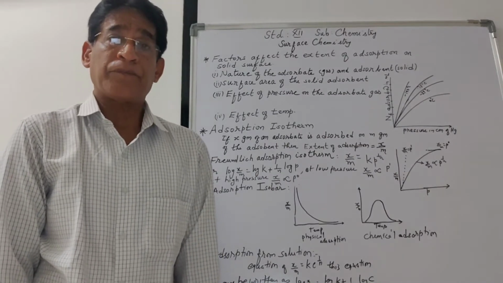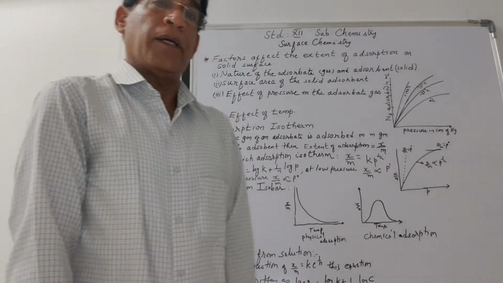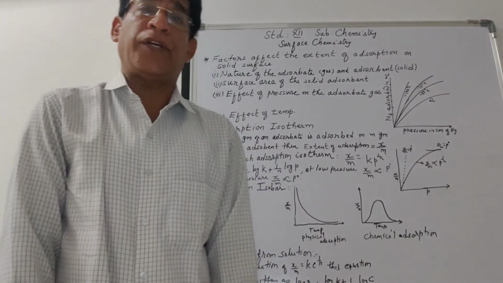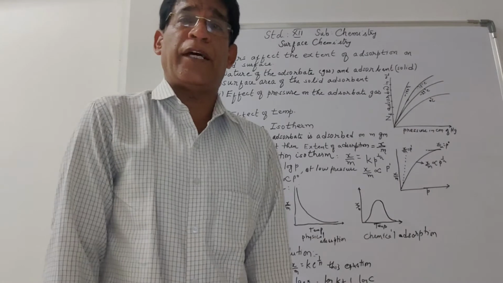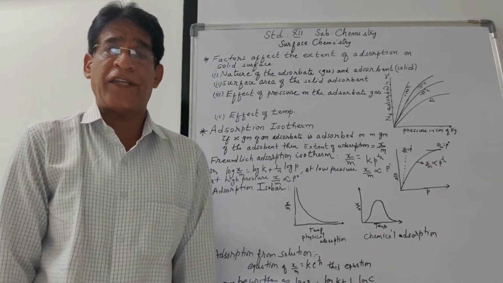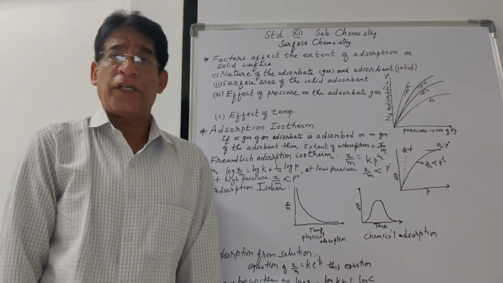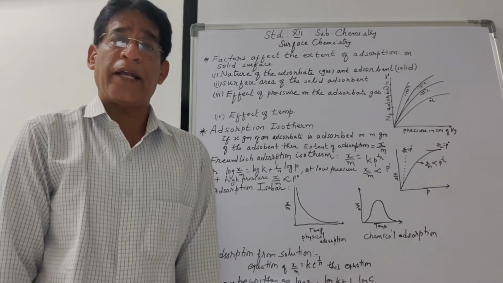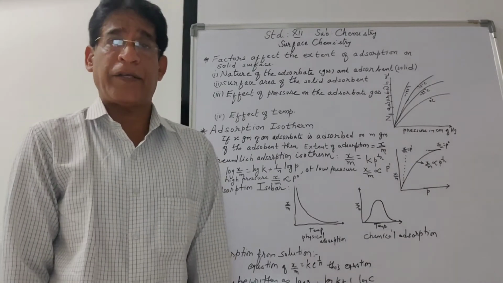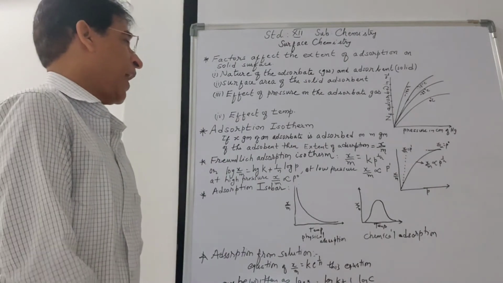Now, adsorption isotherm: a mathematical equation which describes the relationship between pressure P of the gaseous adsorbate and the extent of adsorption at any fixed temperature is called adsorption isotherm.